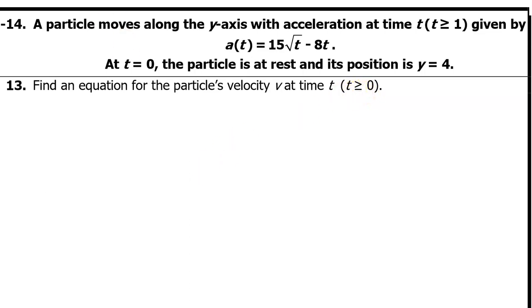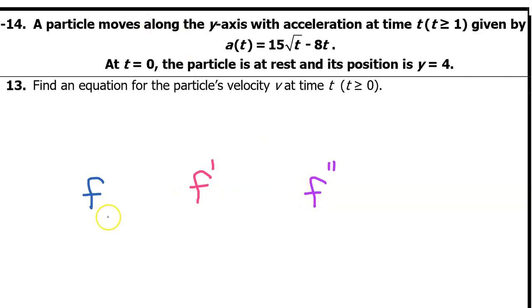So let me say a couple of things. In the past, we have often spoken about the relationship between f, f prime, and f double prime. The original function, the first derivative, and the second derivative.